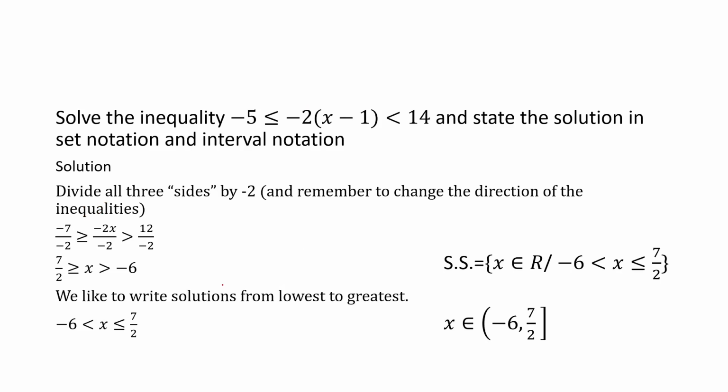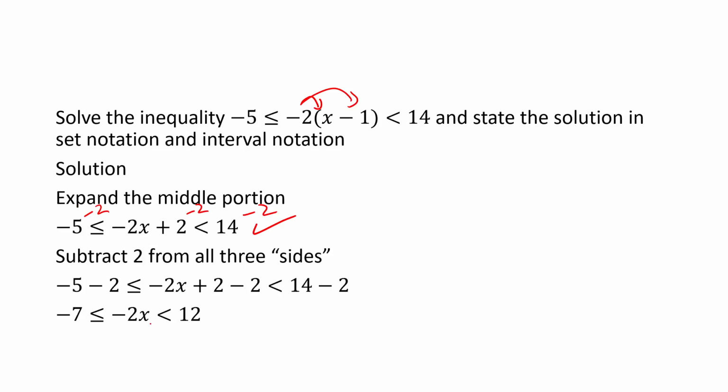Well, what we're going to do now is divide all three sides by -2. So going back, we're going to say -7 over -2. And then in the middle, we'll have -2x over -2. And on the right, we'll have 12 over -2.